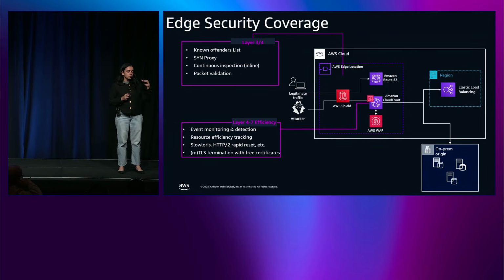So the TLS handshake is one thing, and another capability that we launched recently is mutual TLS with client applications. Mutual TLS is a technology that has been around for some time.